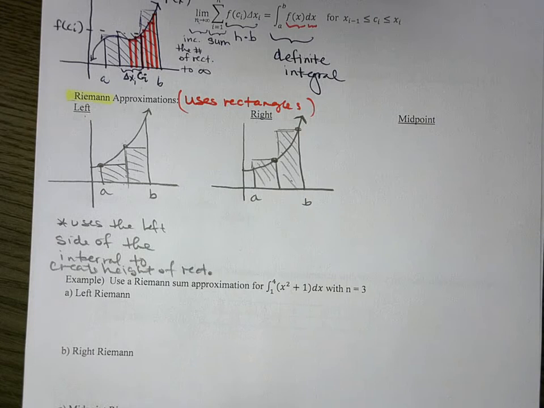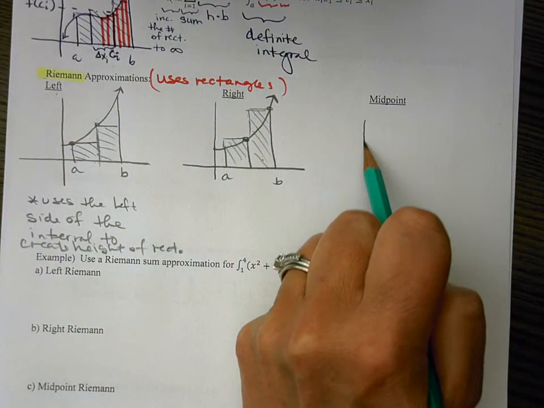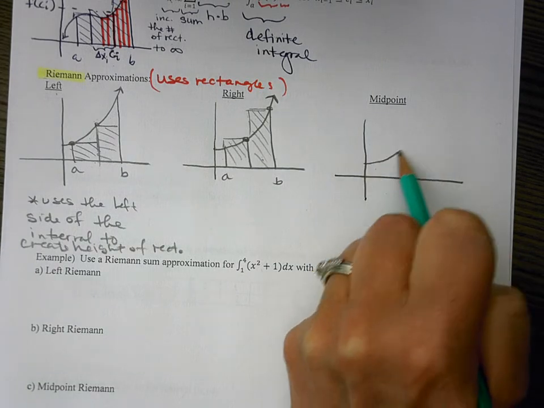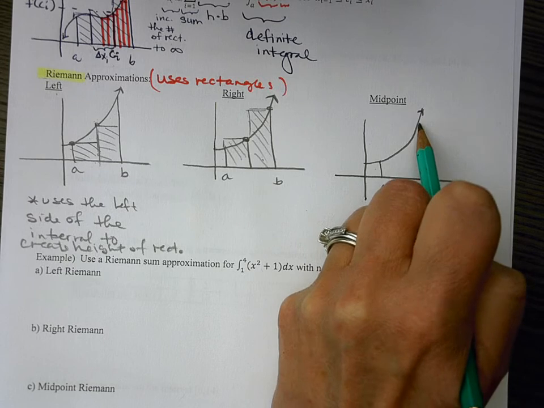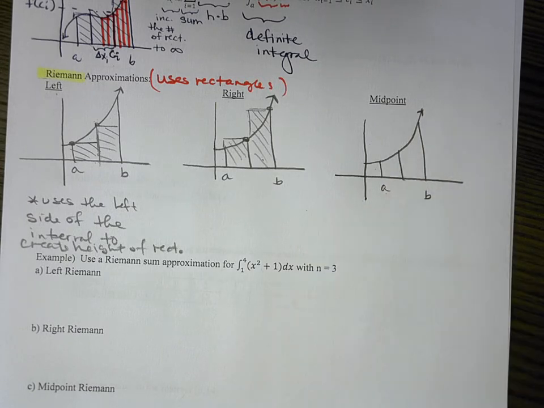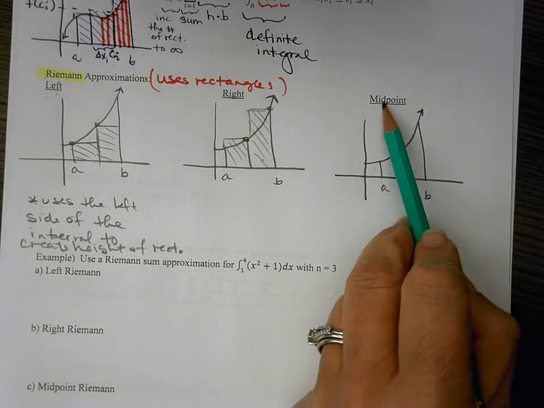All right, and then finally the midpoint approximation, so let's go ahead and draw that same picture. And I'm going to go from A to B again. So I have 2 intervals again from A to B, so 1, 2, and I want to use the midpoint.